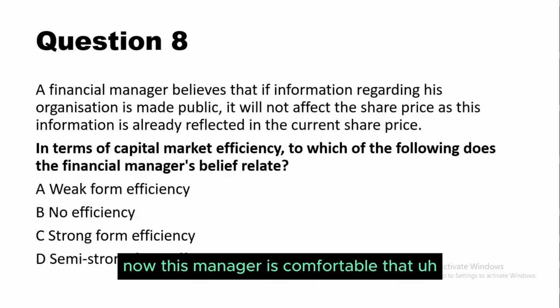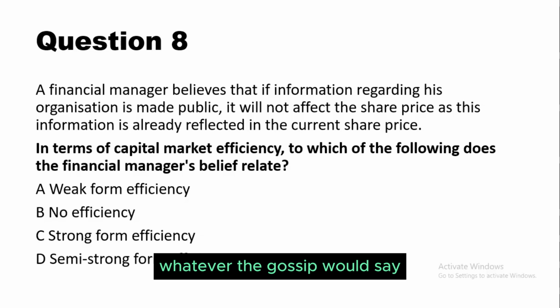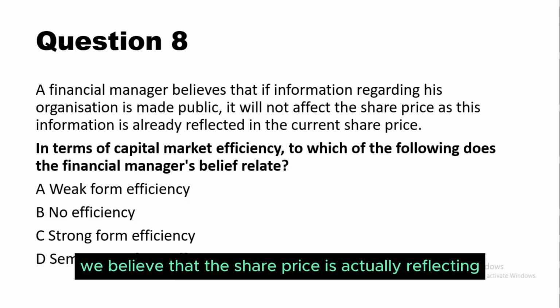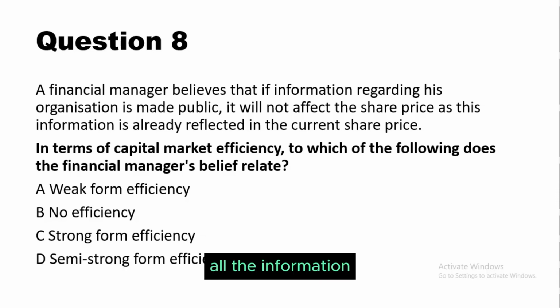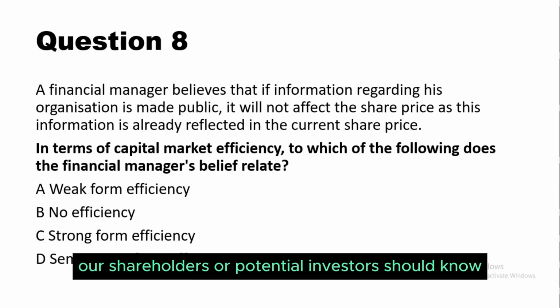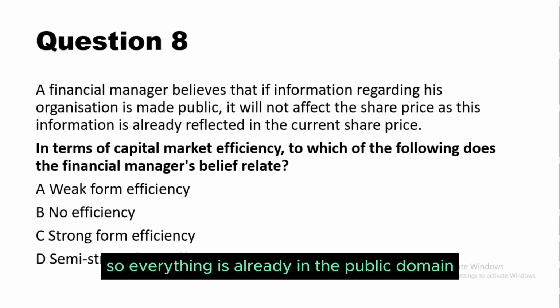Now, this manager is comfortable that whatever the gossip would say, we do not care, because we believe that the share price is actually reflecting all the information our shareholders or potential investors should know. So everything is already in the public domain.